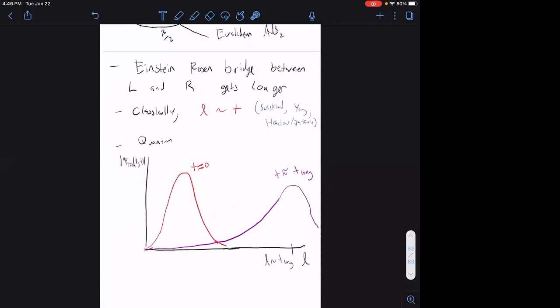So it turns out that the length of this Einstein-Rosen bridge, the wormhole in this two-sided black hole, increases linearly in time. If you just look at the classical AdS-Schwarzschild geometry, you find the length of these zero extrinsic curvature slices grows linearly in time, and that's reflected in these wave functions, which we're computing as follows. We can draw the time equals 0 wave function as a function of the length like this, with some peak at some order 1 value of length.